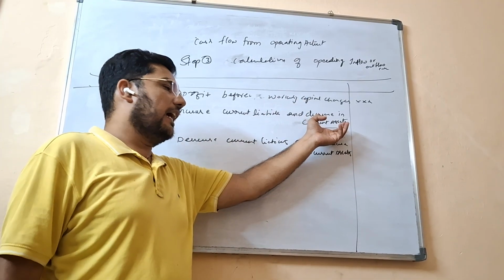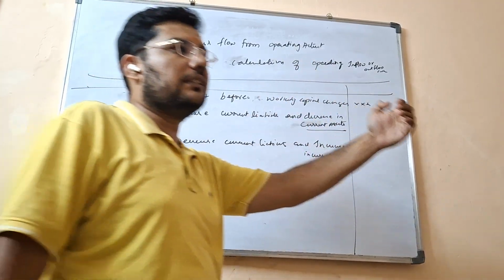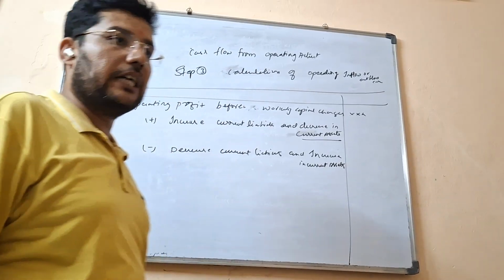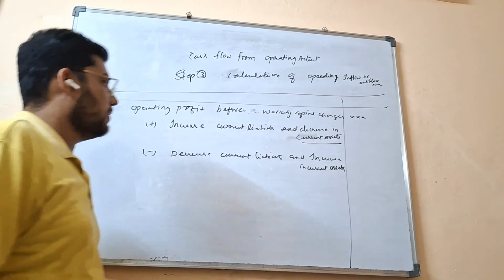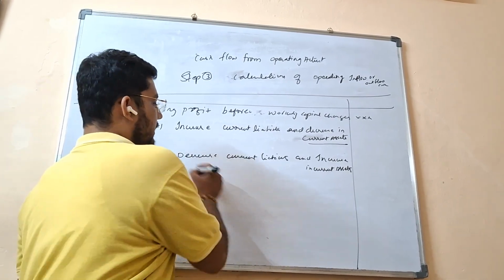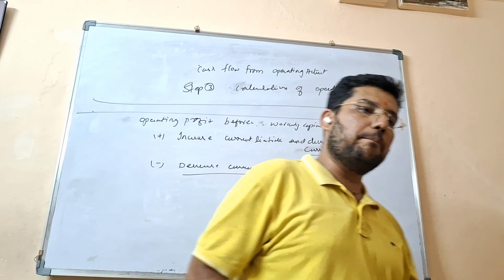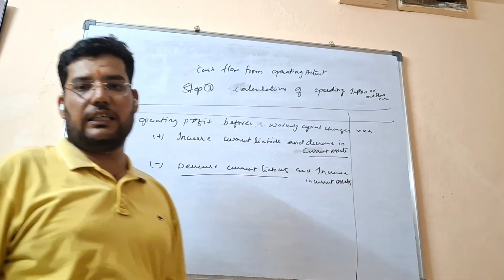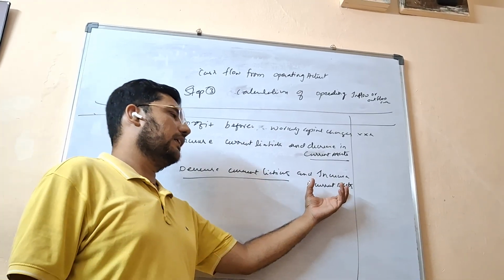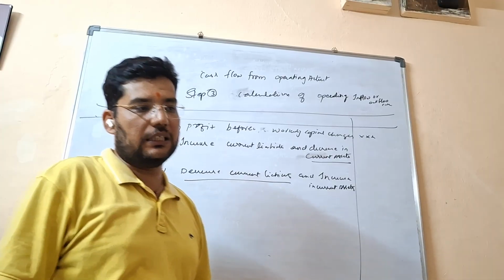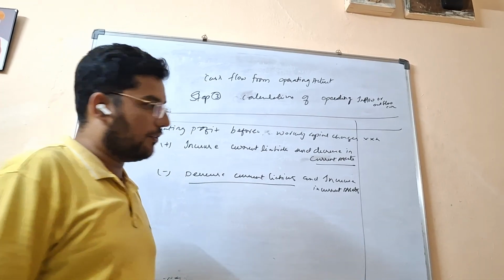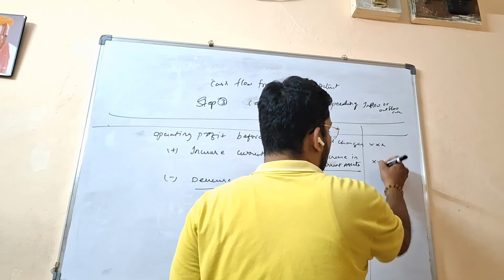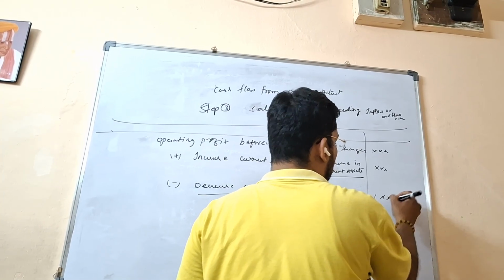When we have a decrease in current assets, we are selling the assets or converting them into cash and cash equivalents. Decrease in current liabilities means you are paying cash, an outflow of cash. Increase in current assets tells us we are investing money in assets, so it is an outflow of cash. So we add and then deduct these amounts.